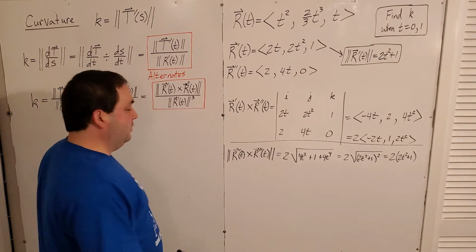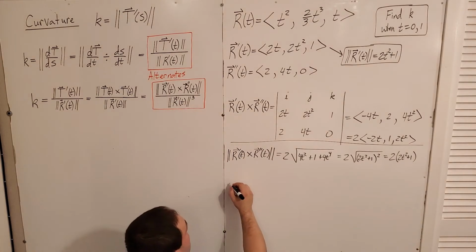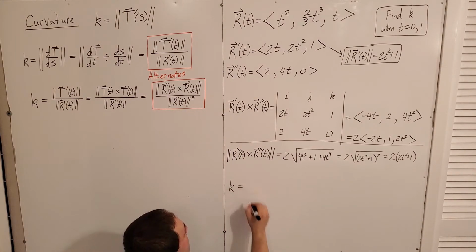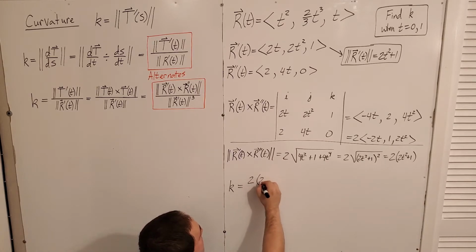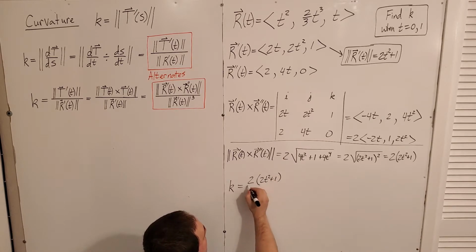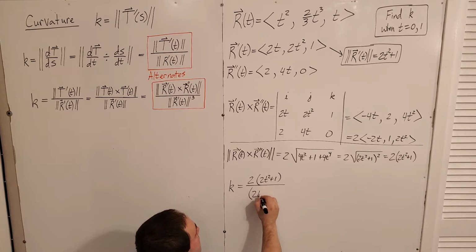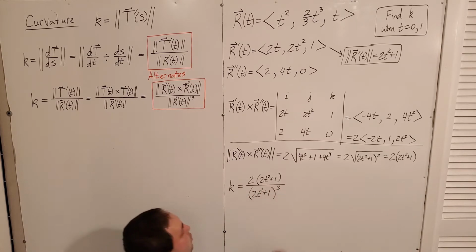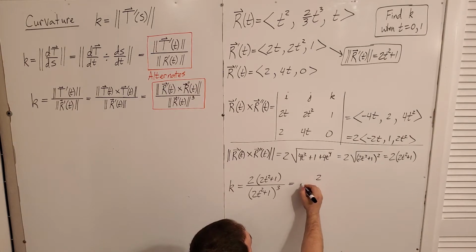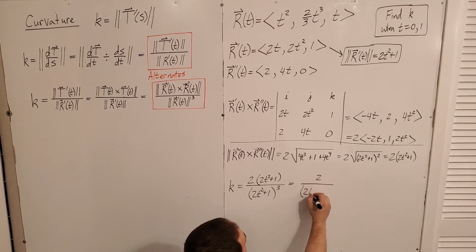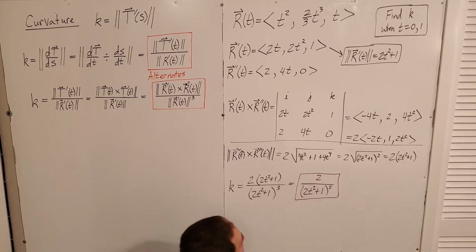So my curvature is going to be this magnitude over this one cubed, which becomes 2 over 2t squared plus 1 squared for my curvature, right?